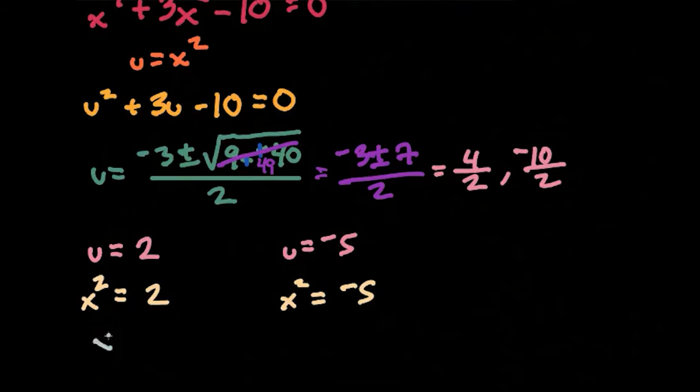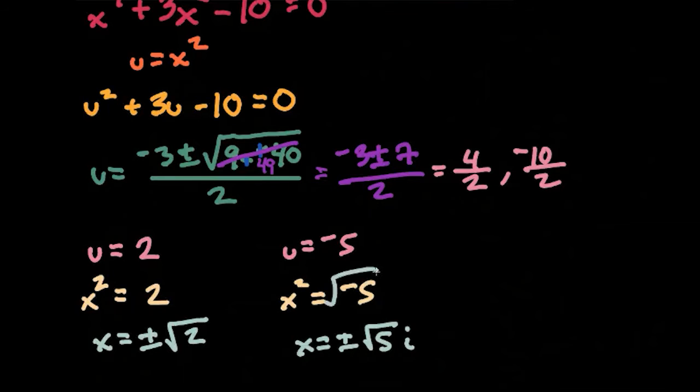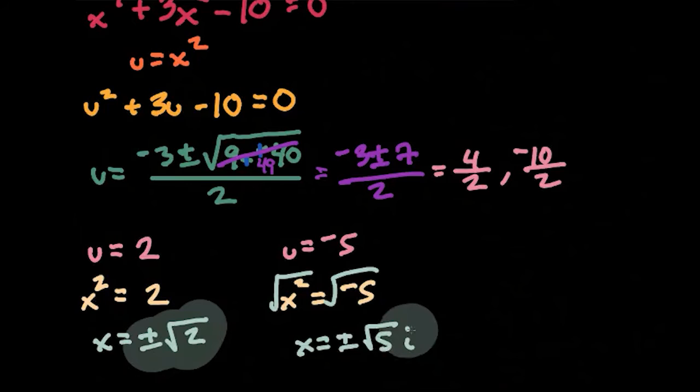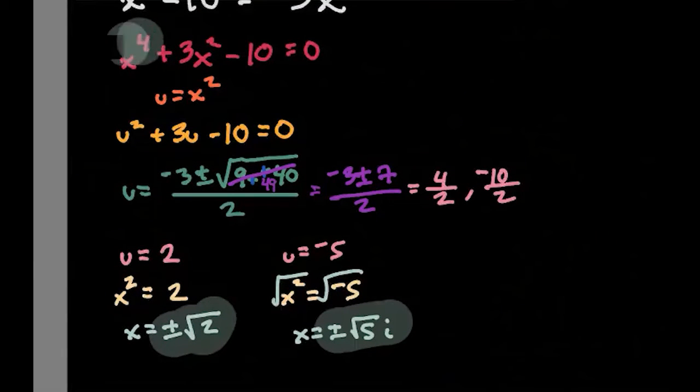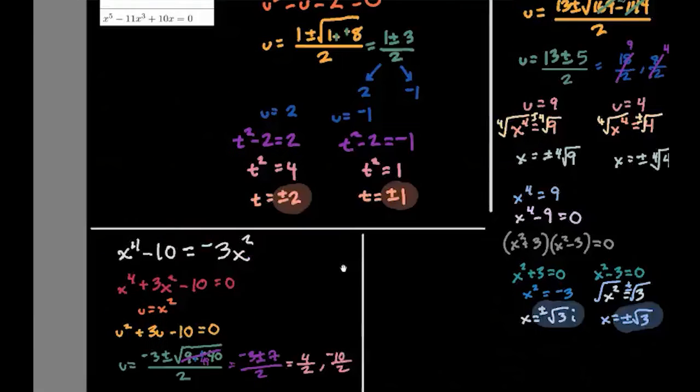Okay, square root both sides, and you end up with x is equal to plus or minus the square root of 2, and x is equal to plus or minus the square root of 5 times i, because you're going to do the square root of the negative there. And if you notice, you end up with 2 answers here and 2 answers here, and the problem is x to the 4th, so there should be 4 answers, which you have, so then you know you're done with the problem. Okay, on to the next one.